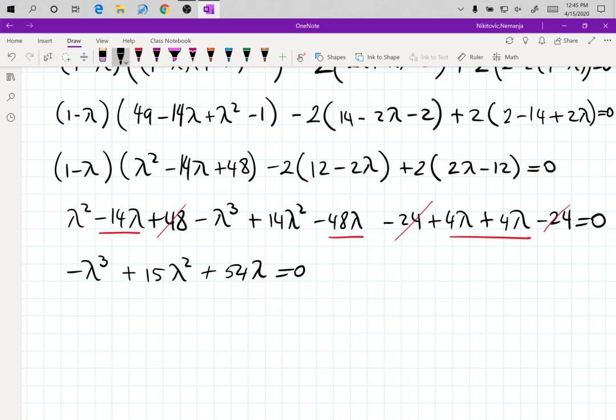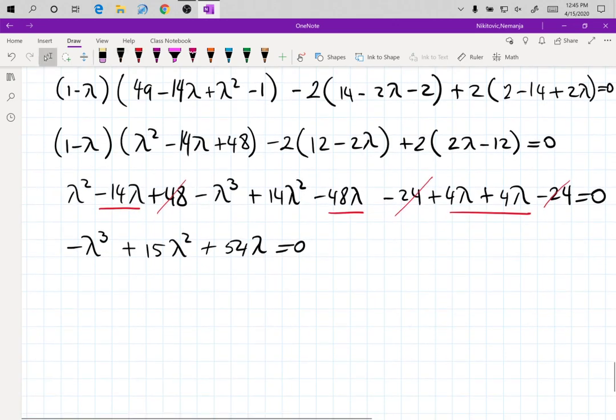So negative lambda cubed, lambda squared, and plus 14 lambda squared is 15 lambda squared. There are no other lambda squares anywhere. And then the constants will make negative 54. Yeah, it looks good. Let's say it's good.